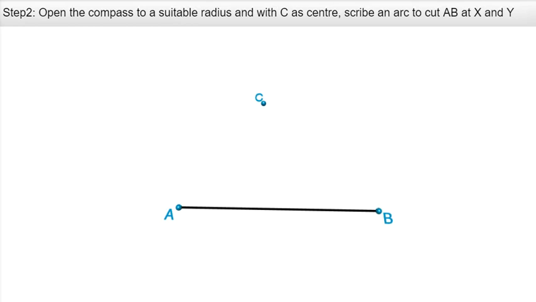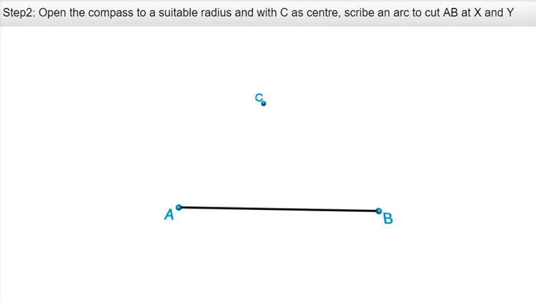Now, step 1, I'm going to open the compass to a suitable radius, and with C as center, I'm going to scribe an arc to cut the line AB at X and Y. Suitable means that when I put the metal tip at C and scribe the arc, it must cut the line AB at 2 points.